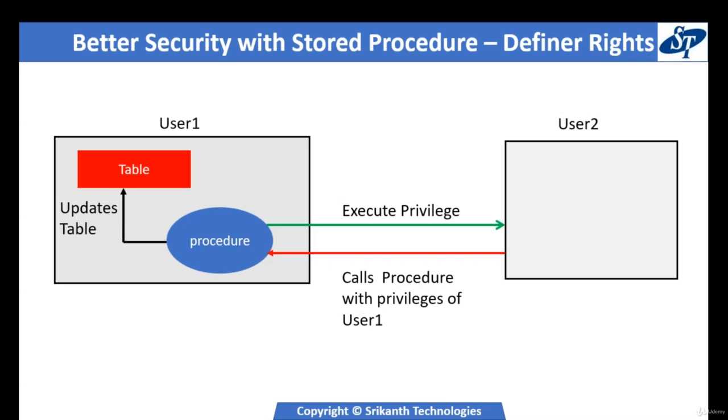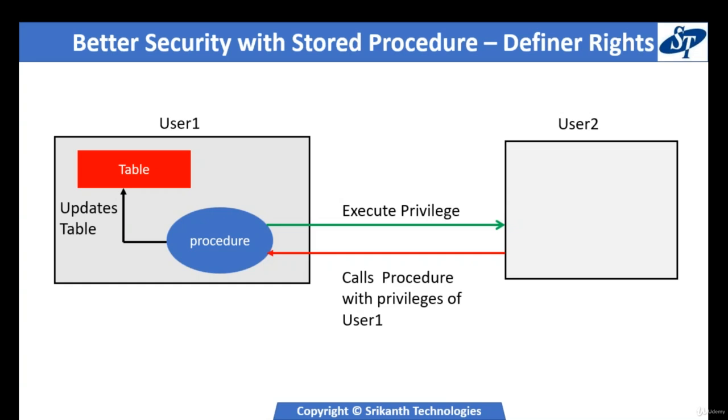But this time, we are not giving access to the table. User 2 does not need any privilege on the table. Instead, he needs a privilege on the procedure. He would call the procedure, and then the procedure is going to make changes to the table.